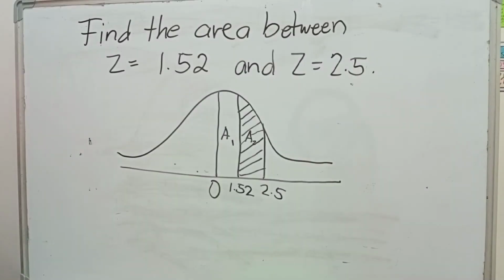Okay, class. Using the area under the normal curve table, we must know the value for z = 1.52.